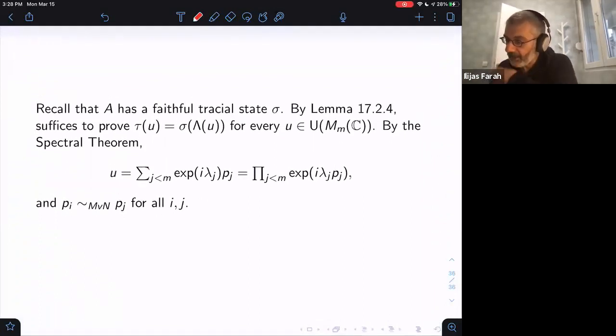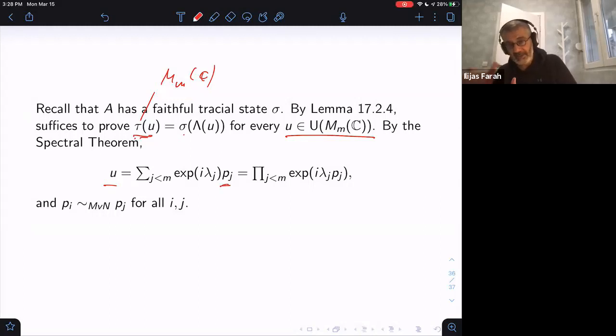So now remember, A has a faithful tracial state sigma. And all you need to prove is that if we compose sigma with lambda, we get tau, the tracial state on M_m(C). This has to be true for every unitary. By the spectral theorem, we can write the unitary as a sum over rank 1 projections which correspond to eigenvectors.